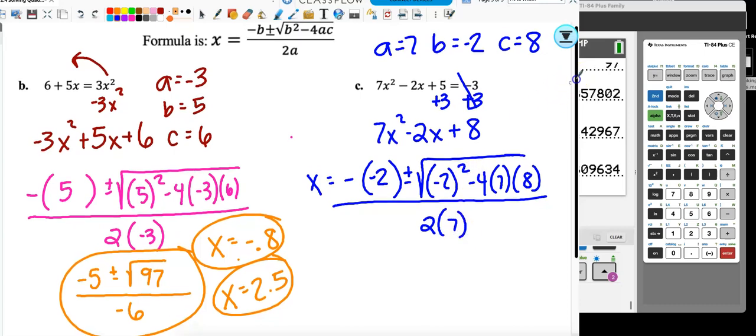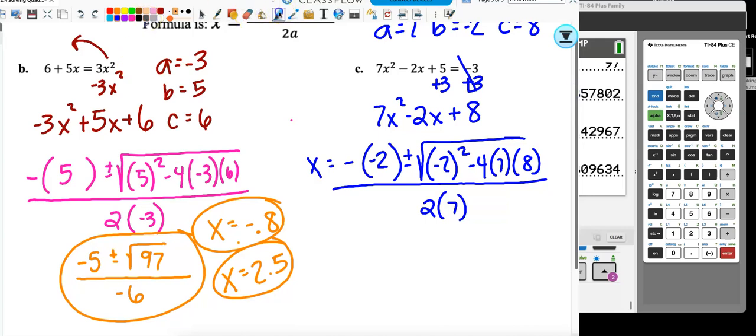So again, let's simplify it by hand. So a -2 will actually become a +2. So you would have 2 plus or minus. The denominator, 2 times 7 is 14. And then now I just need to type in what's under the radical.